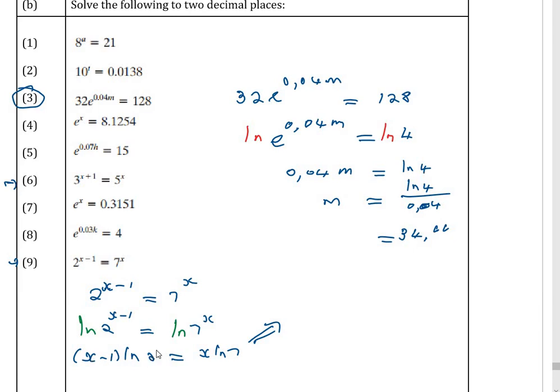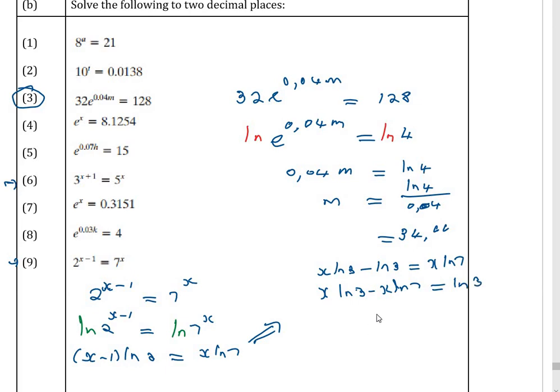So therefore we get x ln 3 and we have minus ln 3, and then we have on the other side x ln 7. Right, get my x together. So x ln 3 minus x ln 7 is then ln 3.